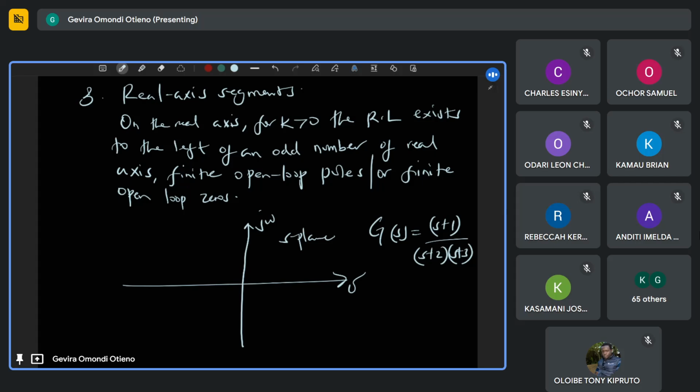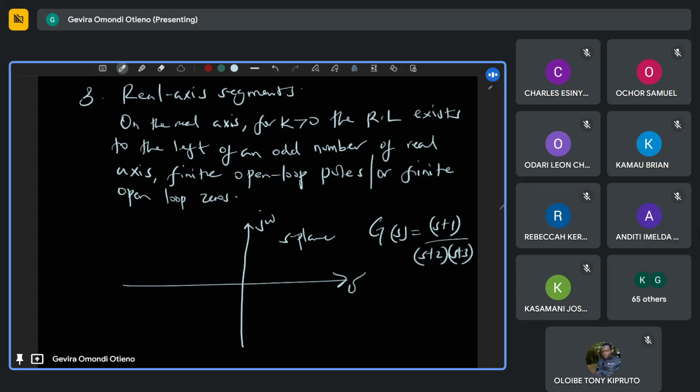Then they decide to branch out to the imaginary axis. Certain times they can begin from the imaginary axis, but most times they begin from the real axis, they branch out to the imaginary axis, and then they come back to the real axis, or they go to infinity. So this rule only applies on the real axis.